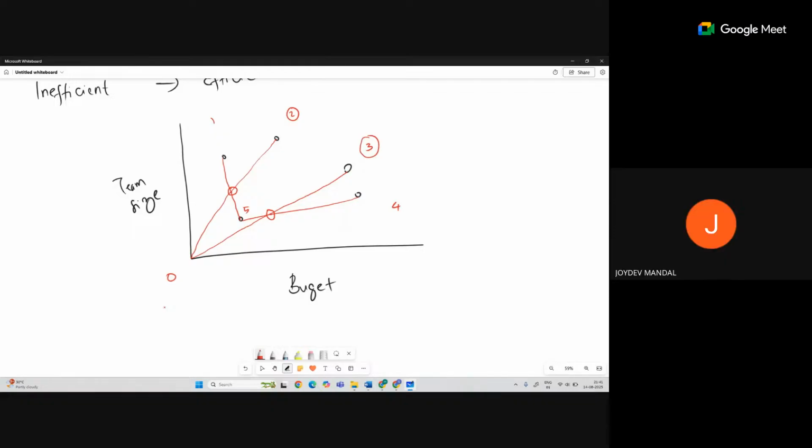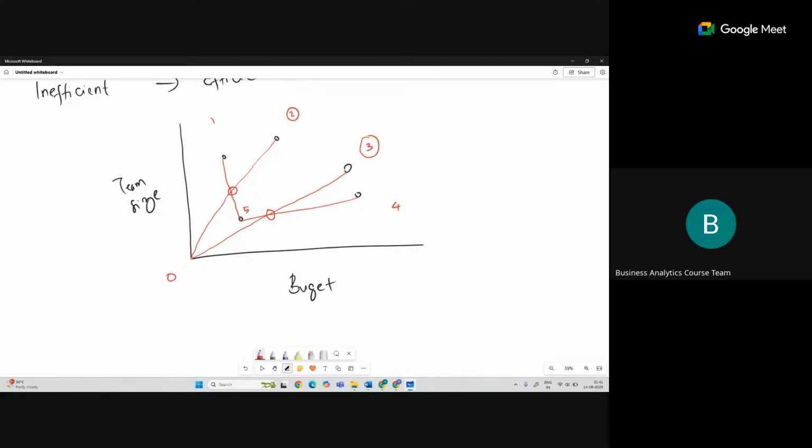Okay, so you are asking how the reference is taken, like 5 and 4, how is this taken? See, you have 3 here, and you have the origin here.